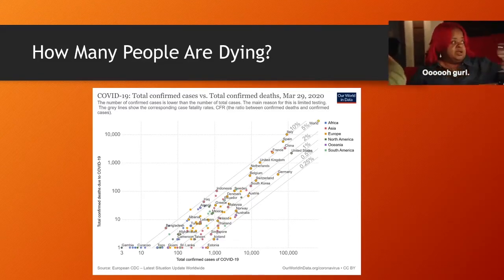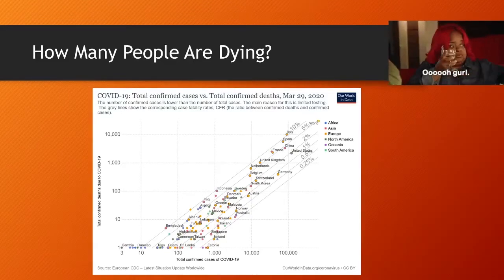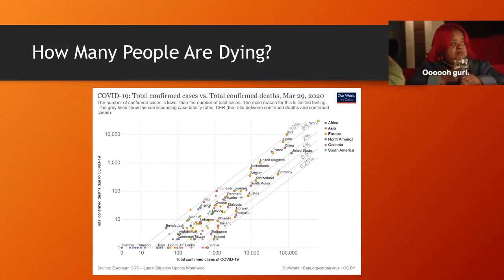Hopefully Canada will follow suit. In some cases we have been doing very well in terms of ramping up manufacturing and preparing our hospitals for the potential of many, many more cases.